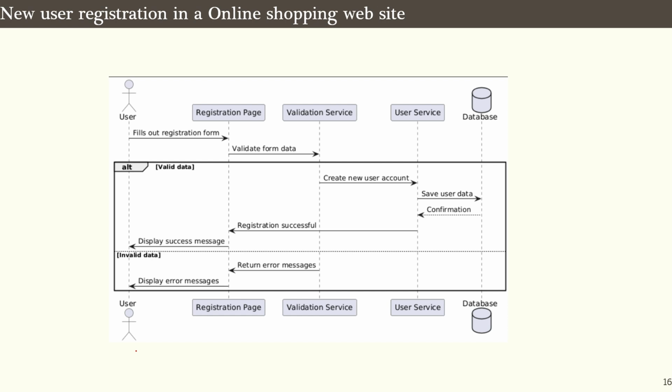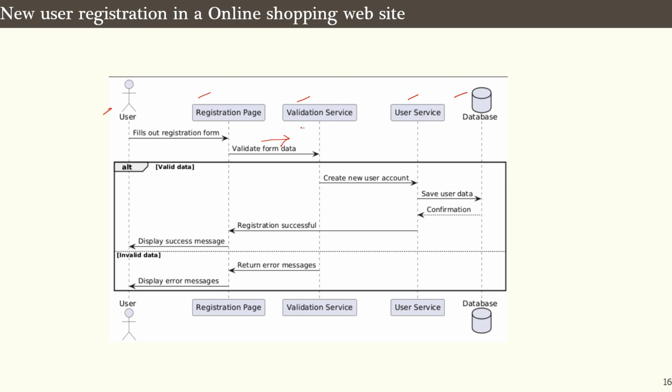Now, let's see the new user registration for an online shopping website. We have an object that's the user and we have a registration page, a validation service, a user service and the database. So when the user fills in the data in the registration page, validate data will be called.